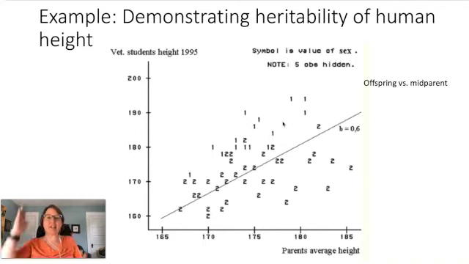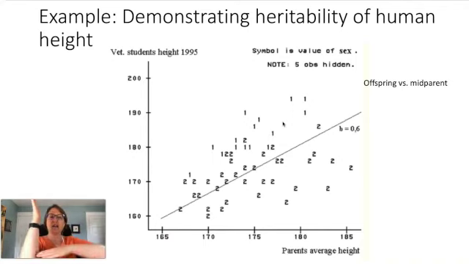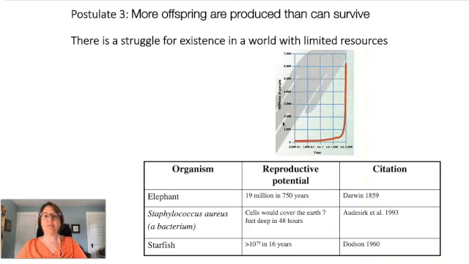We have vet students' height in centimeters on the y-axis, and the height of their parents averaged on the x-axis. You can see that there is a positive relationship between offspring and parents that indicates that this trait is heritable.